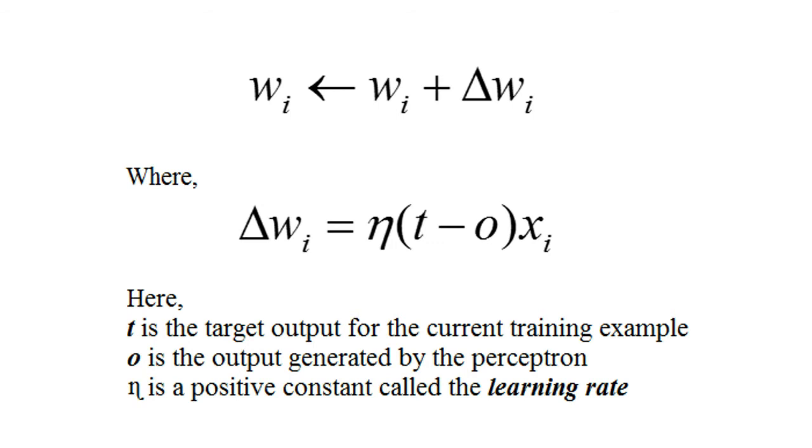Eta is the learning rate or the step size. We tend to choose a small value for this, as if it is too big, we will never converge, and if it is too small, we will take forever to converge to the correct weight vector and have a decent classifier.